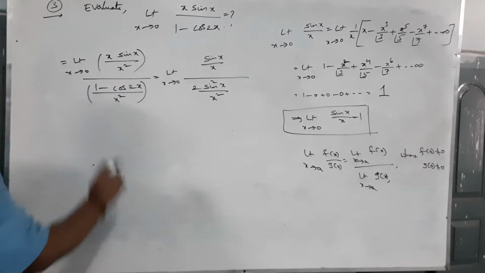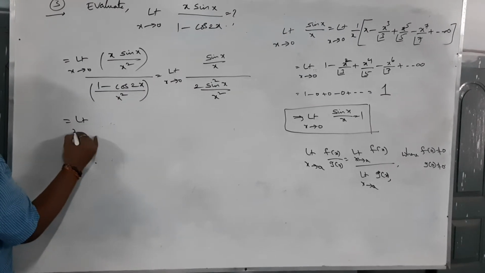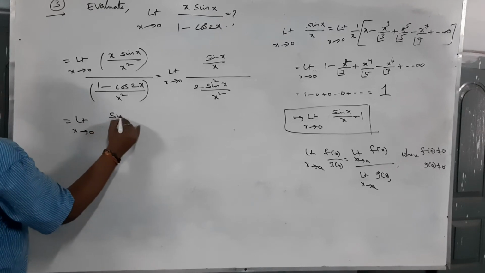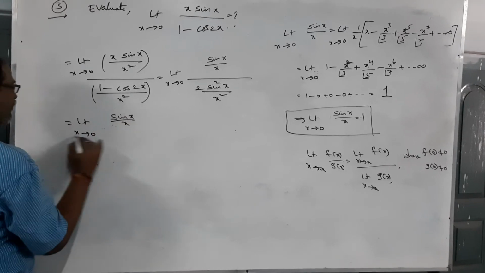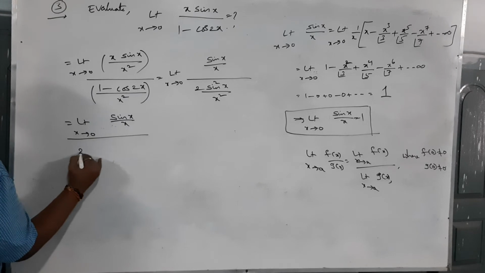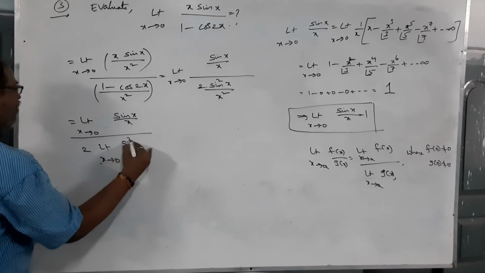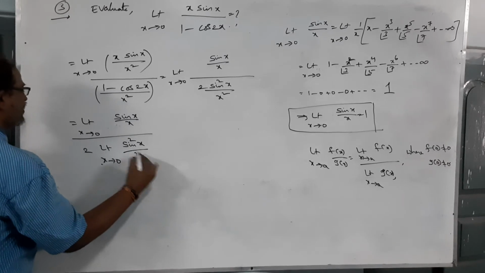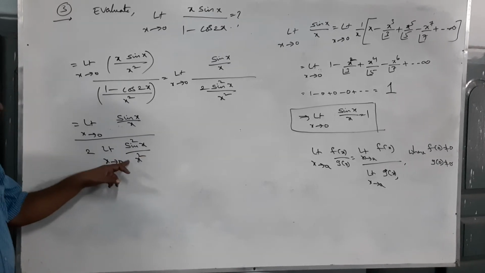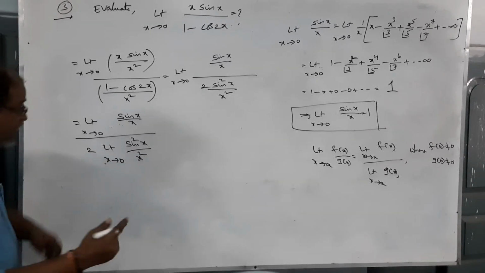That's why we can distribute like this. Limit x tends to 0, the numerator is sin x by x and the denominator is 2 into limit x tends to 0, sin square x by x square. Sin square x by x square means (sin x by x) whole square.